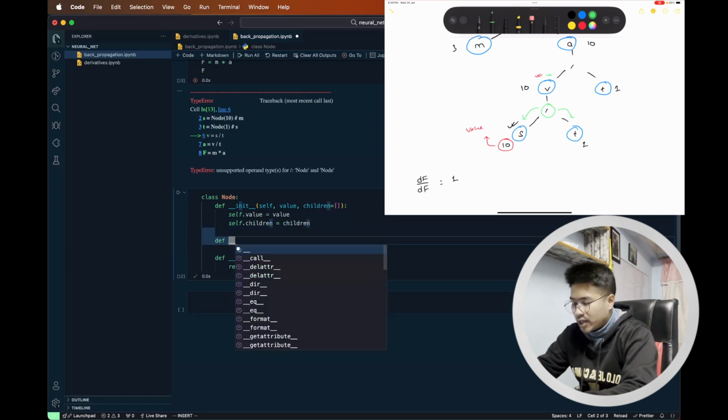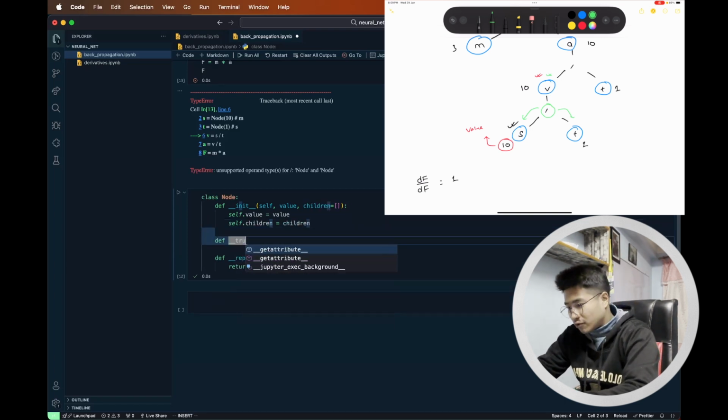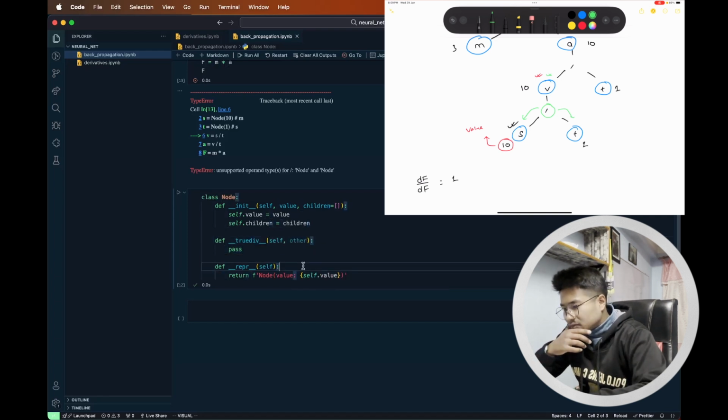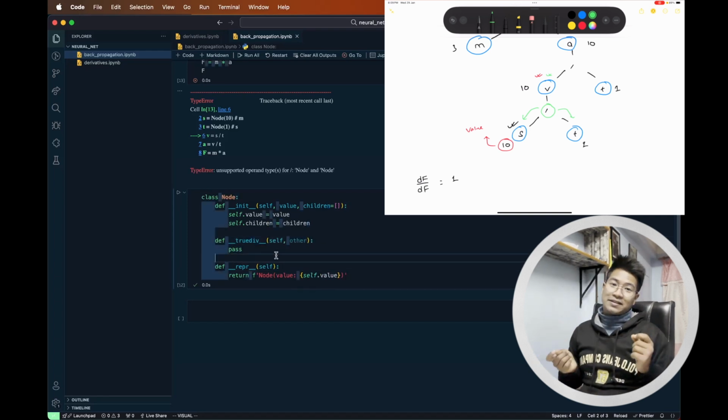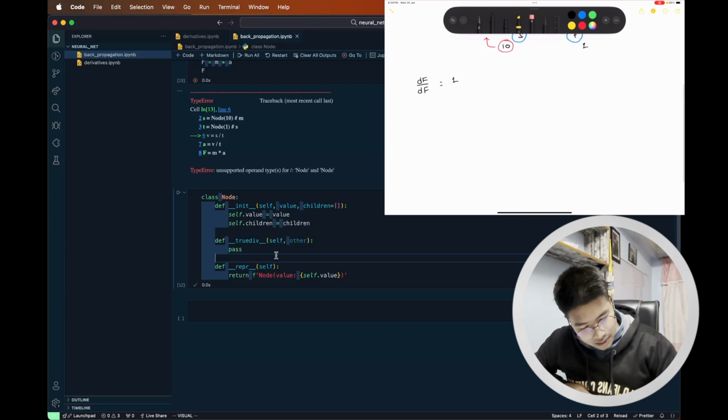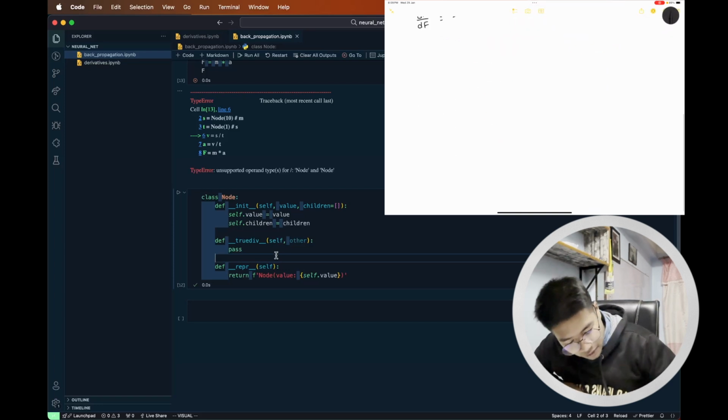So how would you divide a node? The way you can do that is overriding something called the TrueDiv function, and it takes in two parameters, self and other. So the way you can think of self and other is over here. Let's just look at this example of V, right?